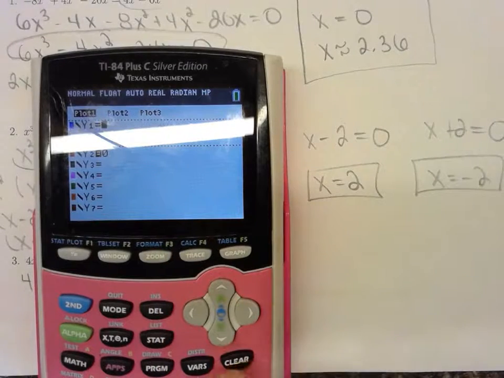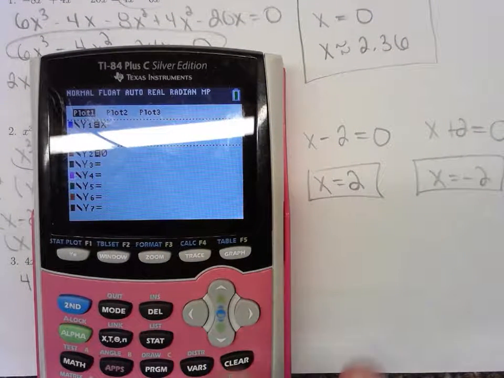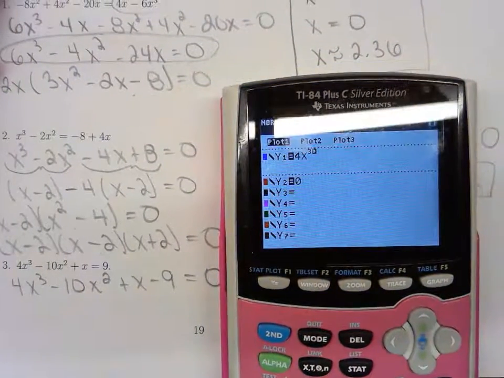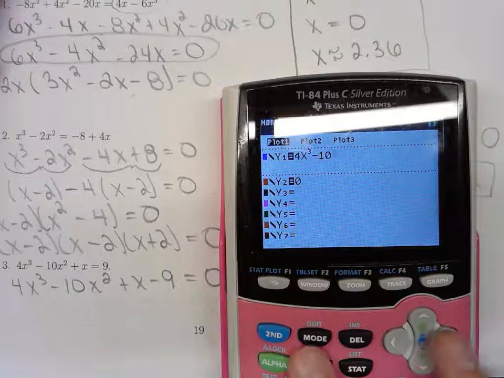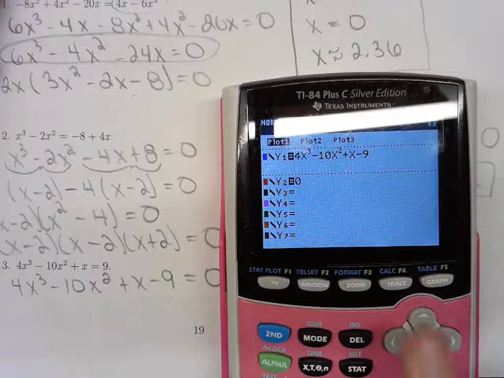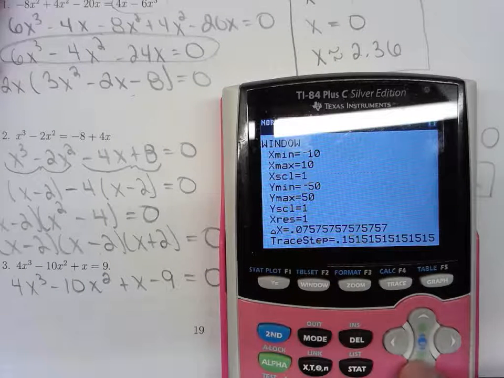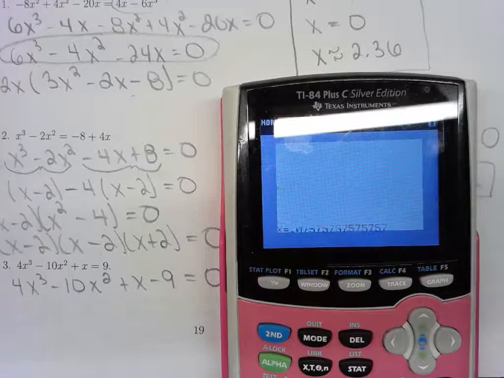So we'll have 4x cubed minus 10x squared plus x minus 9. I need to move this over so I can see it. And then we already have 0 here. Let's go ahead and change back to standard window, which may not work.